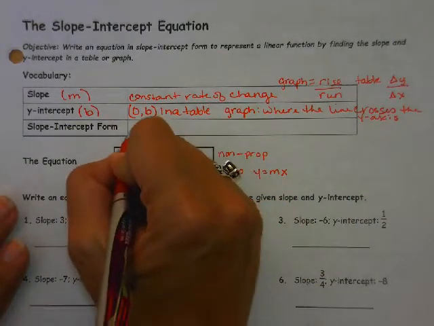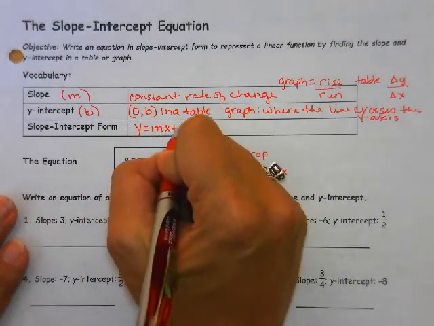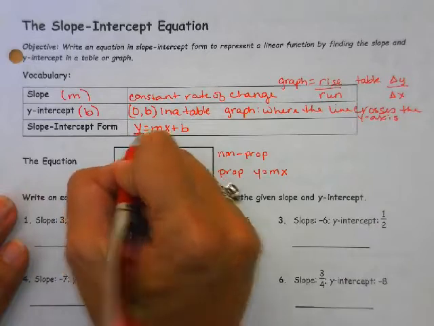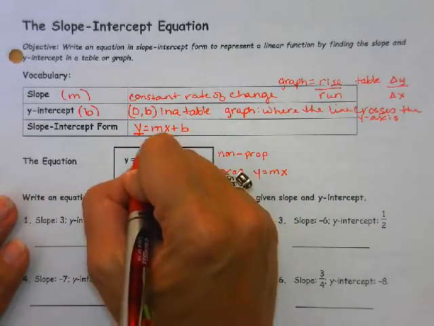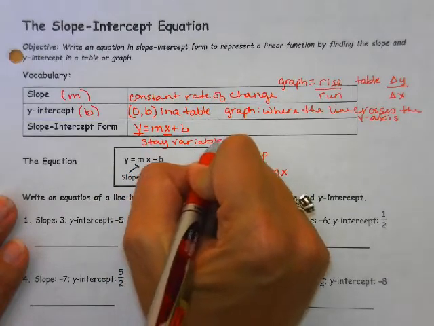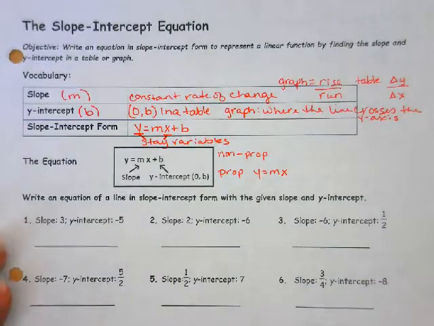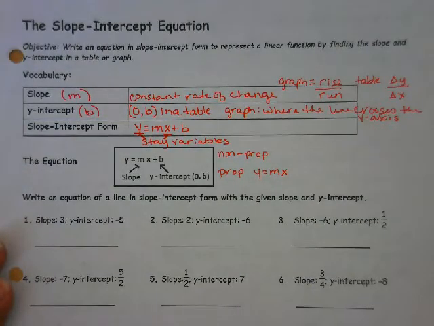Slope-intercept form of an equation is y equals m times x plus b, where y and x stay variables. Okay? The m and the b we're going to put numbers in place of. So that's what we're going to look at doing today.